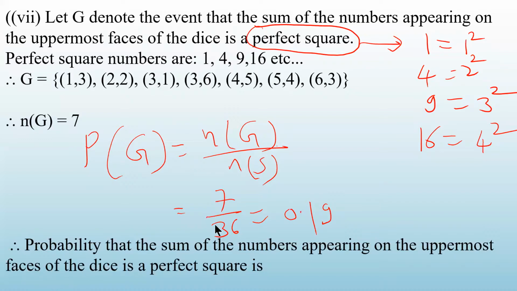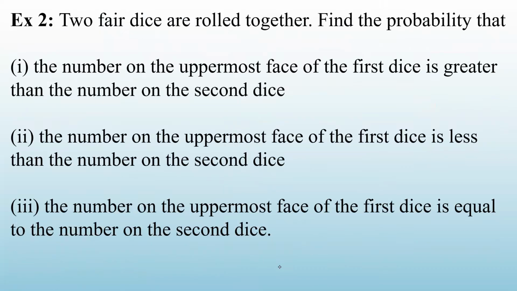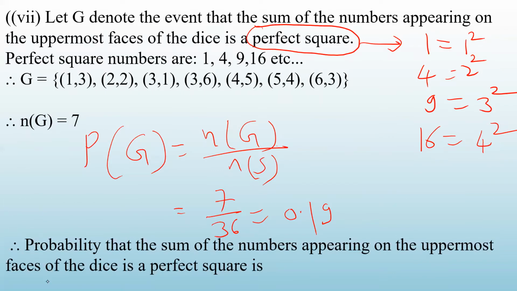And therefore now we can conclude and write down that the probability that the sum of the numbers appearing on the uppermost faces of the dice is a perfect square number is 0.19. So this is the answer.